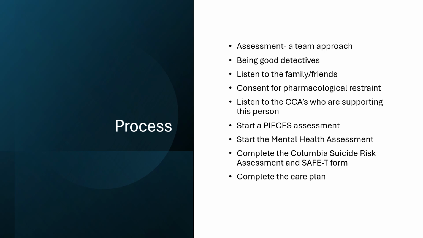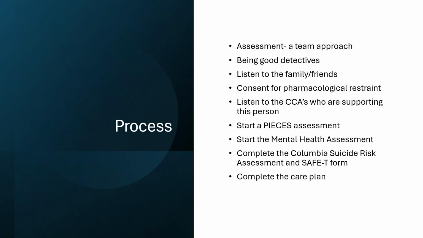We need to listen to the CCAs who are supporting this person and start a PIECES assessment. This will include a BSO DOS, where the resident's behavior, responses, and life for 5 days will be assessed. This is shorter than the DOS, and I think it's better.